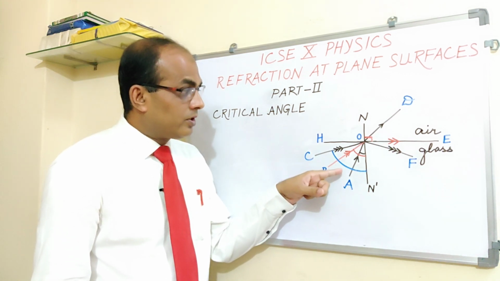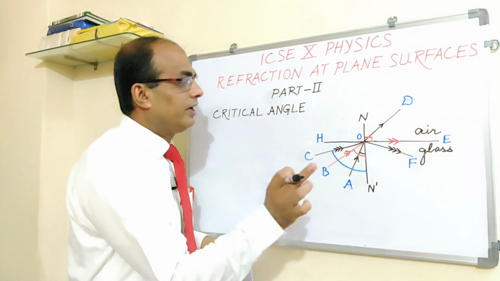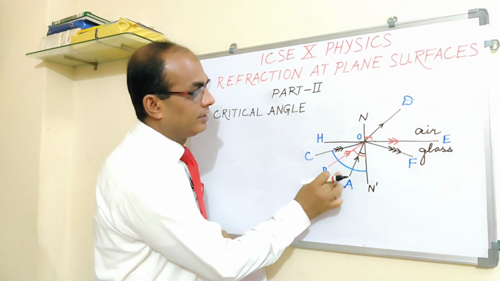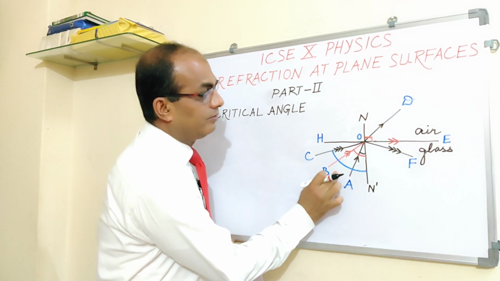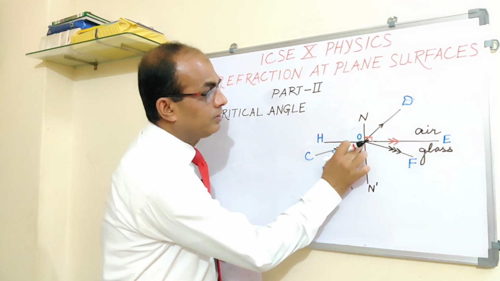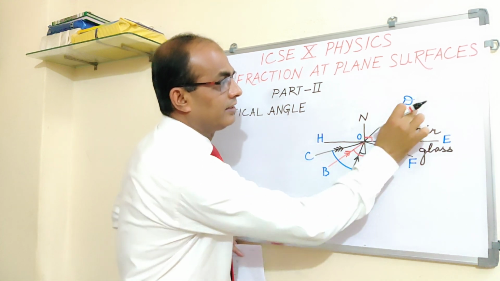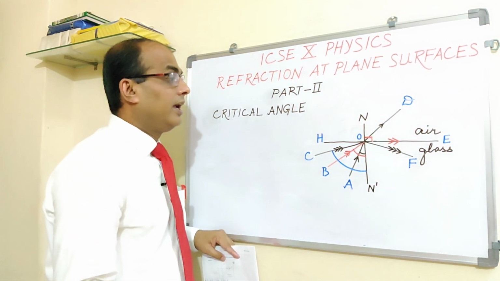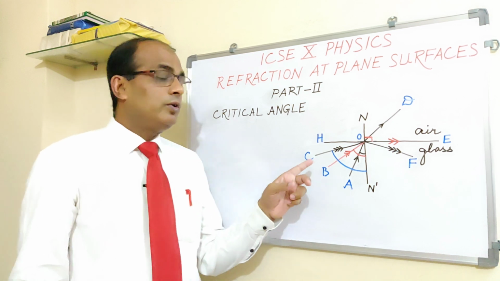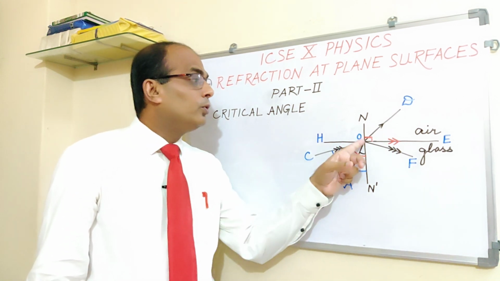If you want to take more than 3 rays, suppose we are taking one more ray here in between. Now it travels from here to here in the denser medium, and then it suffers refraction and goes like this. Okay. Now the next ray that I want to talk about is BO.